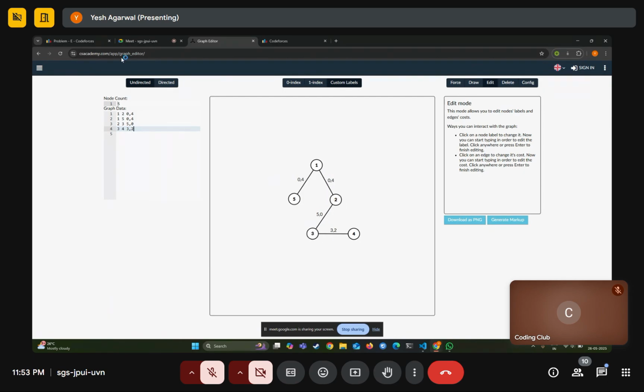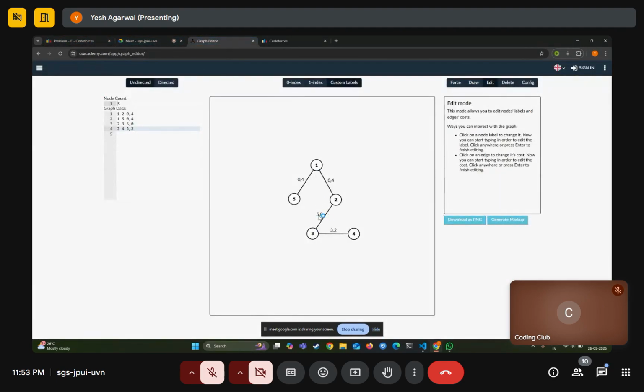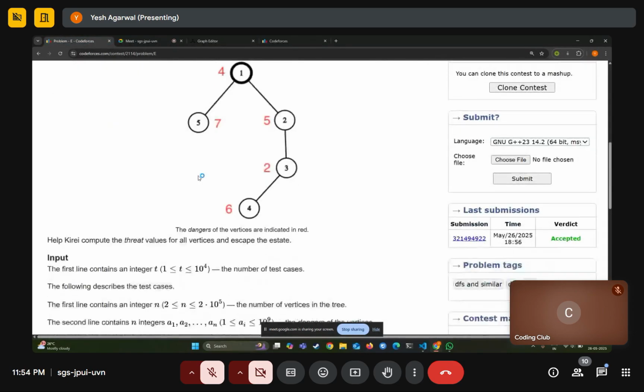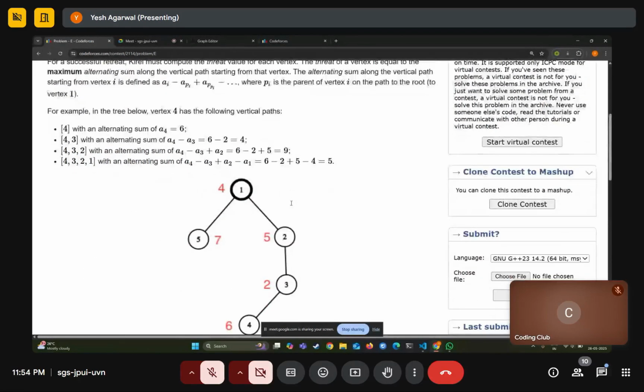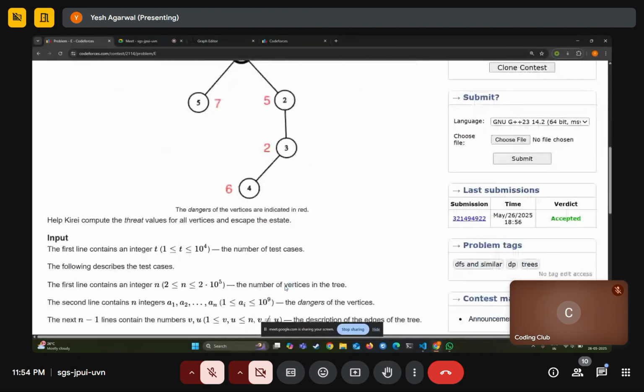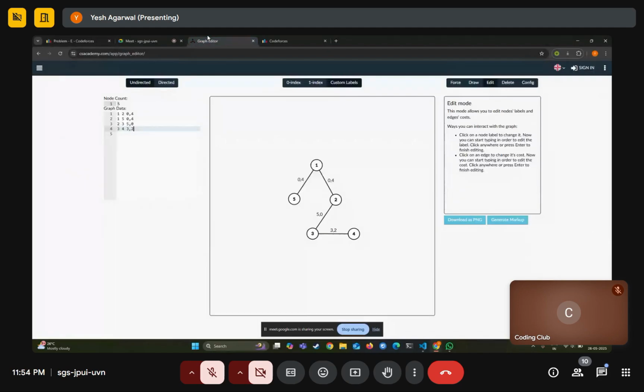And 5 comma 0 we have, and the value is 2. Since we will be adding value here only, we'll be having a maximum value of 3, right? Oh, sorry.